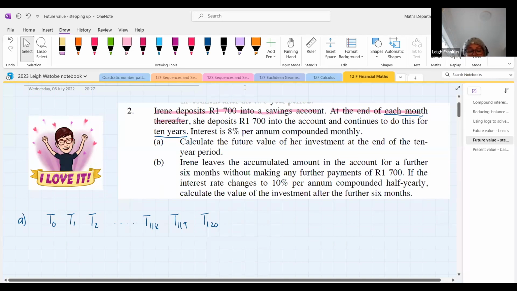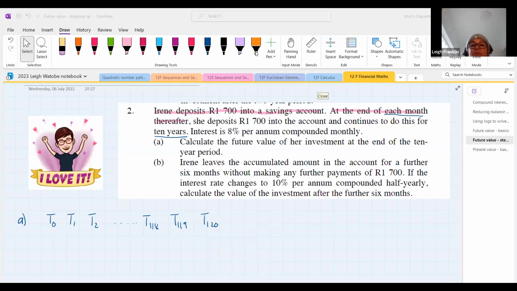From the language they use in this question, what are they implying? That's right. They're implying she puts the money in at the beginning of the month, the 1,700, and then at the end of the first month, she makes a payment of 1,700, and then she continues to make payments at the end of every single month.